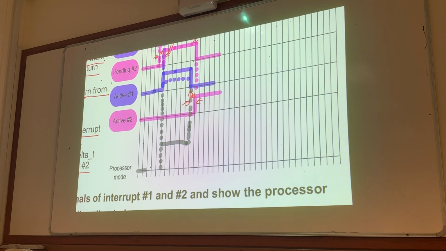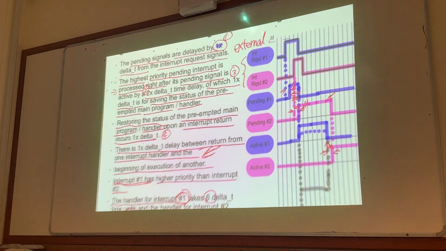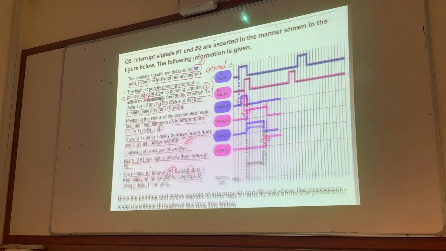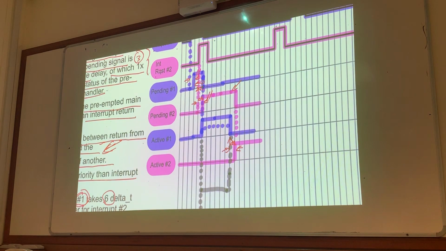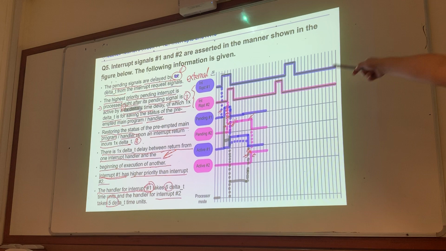But there's also something given here. Remember, there's two delta time, which is here. Okay, so from here to here, you have 2 delta time, right? To go from pending to active, right?